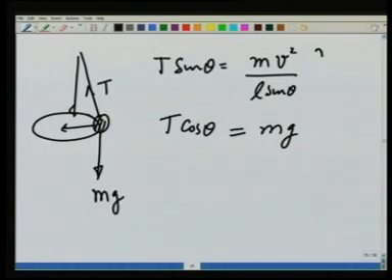We get two equations here, and therefore we can solve them to get two quantities, theta and tension both, whereas when we apply dL/dt equals tau, we are getting only one equation.